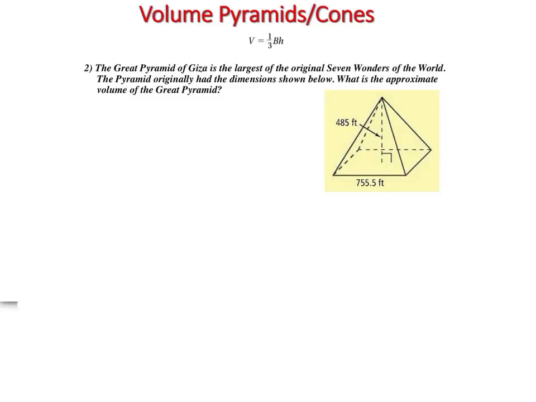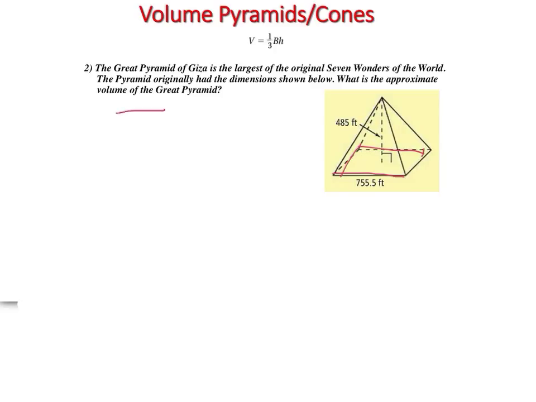This Great Pyramid in Egypt is the largest of the original 7 wonders of the world. The pyramid originally had the dimensions shown below. What's the approximate volume of this Great Pyramid? Okay, so we are assuming that this base is a square, which is 755 by 755.